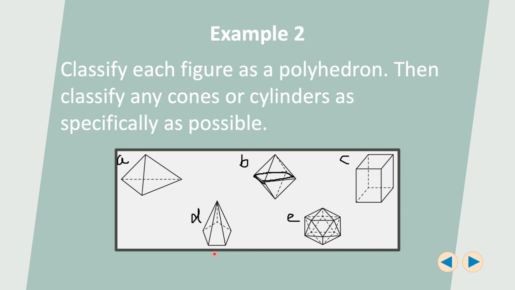Or more specifically, a pyramid with the base of a pentagon. And the last one, E. This is the fun one. I mean, you can try counting up all these little triangles. There's a lot of them. So you can imagine that this is the icosahedron. Yep, that fun thing right there.